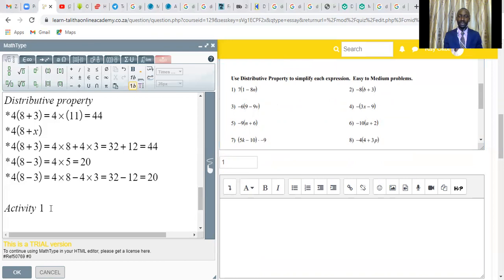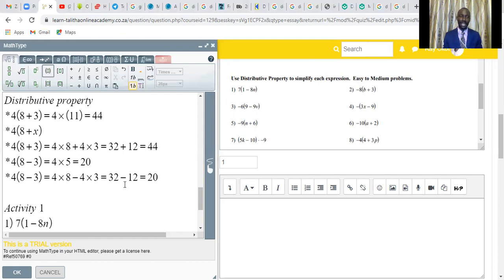Now, the first thing here is activity 1, part 1. What are we supposed to do there? Well, we have been given a 7. Then 7 is outside of 1 minus 8n. See that? So how do we then simplify this using the distributive method?